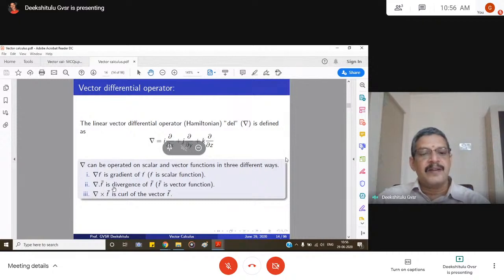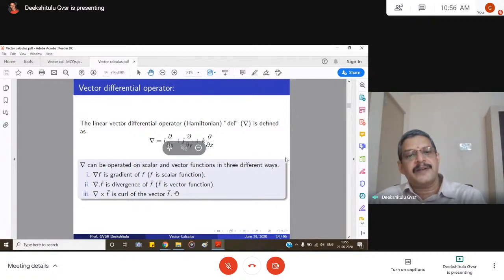The second one, f bar is a vector but divergence is a scalar point function. The third one, del cross f bar, is called the curl of the vector and is a vector point function. So of the three results, the first is a vector, the second is a scalar, and the third is a vector again.